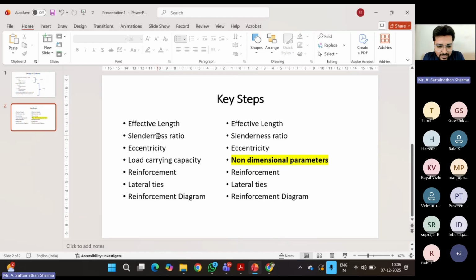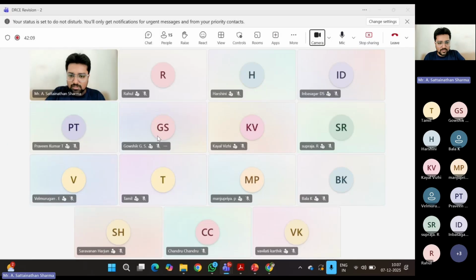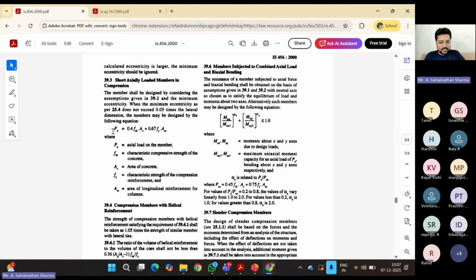Next one is load carrying capacity. From the formula I just showed, you can calculate the load carrying capacity, or if the load is given, then from there you can calculate the ASC. Very simple. LHS and RHS. What is LHS? Load carrying capacity equal to, here you can see, LHS is PU, that is the load. The rest of it is RHS, which will be concrete and steel.